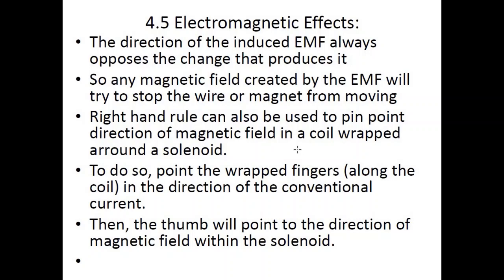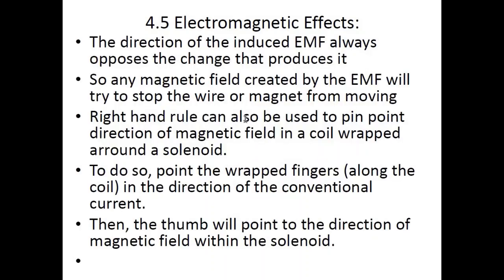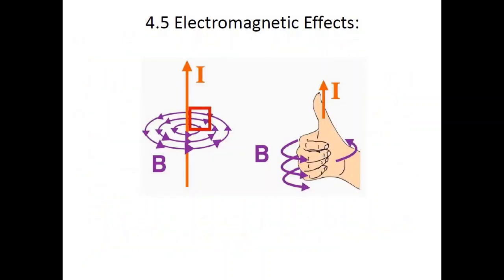If you wrap your fingers around a coil like this, so that your fingers are curling in the direction of the current and your thumb is straight, then your thumb would give away the direction of the magnetic field produced by that current carrying conductor.